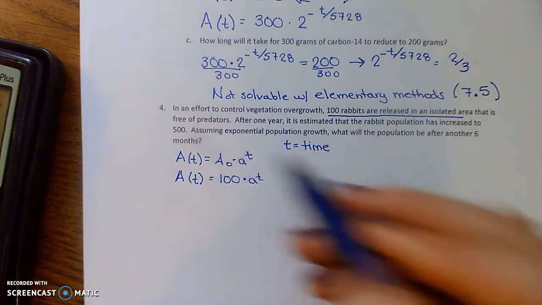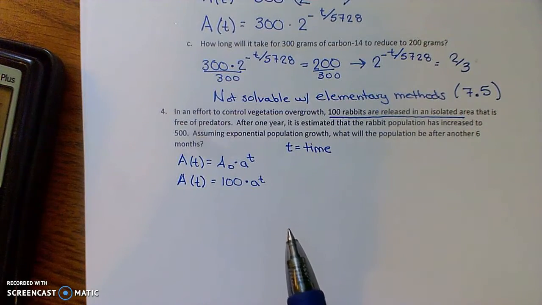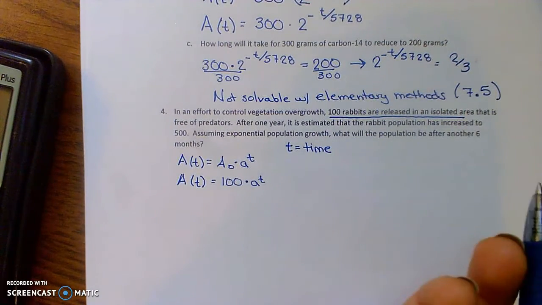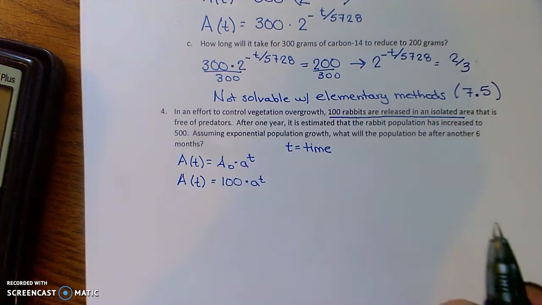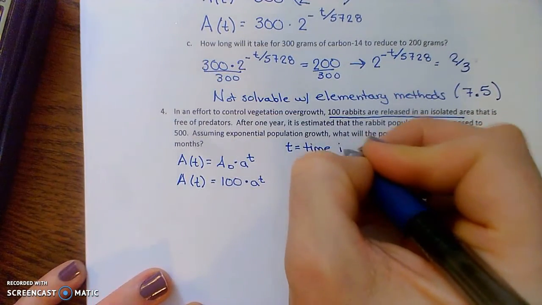So notice that in this problem, we use both years and months. So you just have to make a decision, and then you're going to have to convert the other unit. Maybe for simplicity, I might say, let's use months.